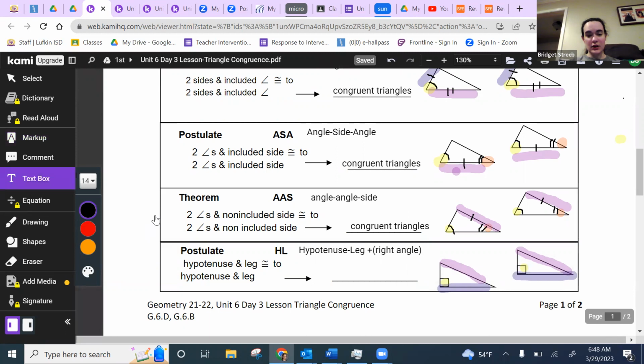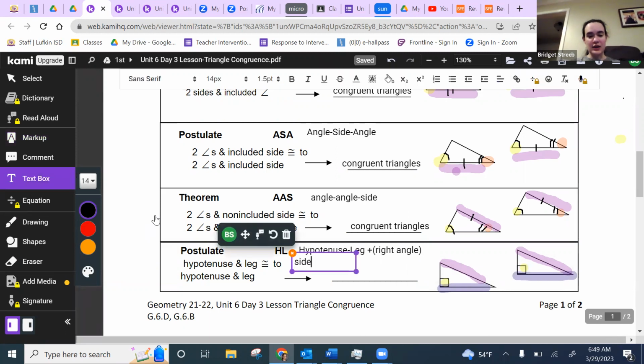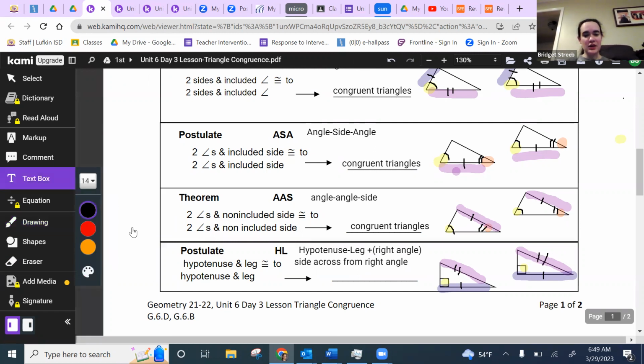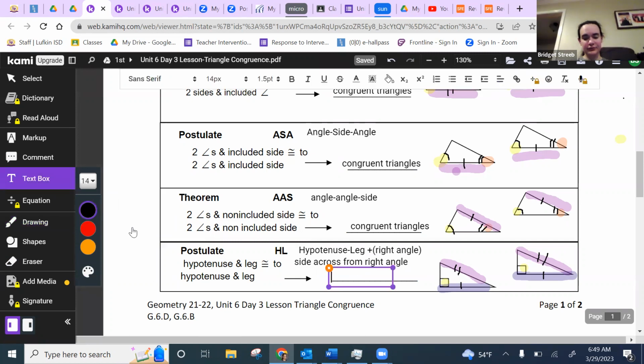So again, your hypotenuse is the side across from your right angle. And again, you have that side and the hypotenuse. When that happens, you have congruent triangles.